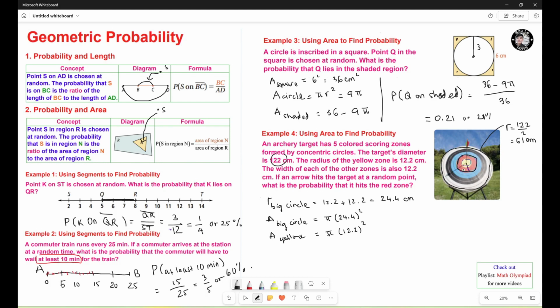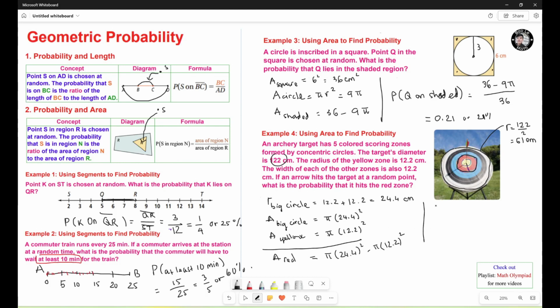Now you need to calculate the area of the red one. So the area of the red equals this one minus this one. So you have pi times 24.4 squared minus pi times 12.2 squared. Now you need to calculate the probability.